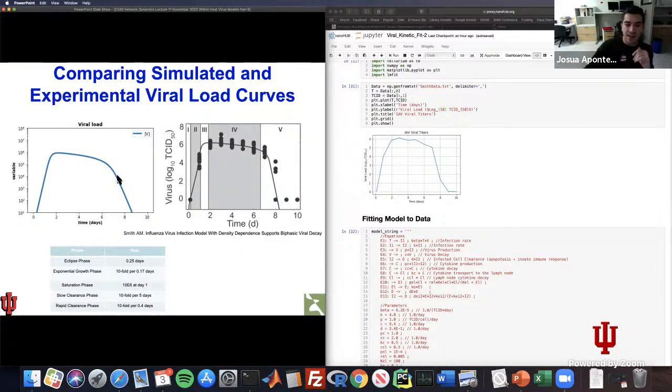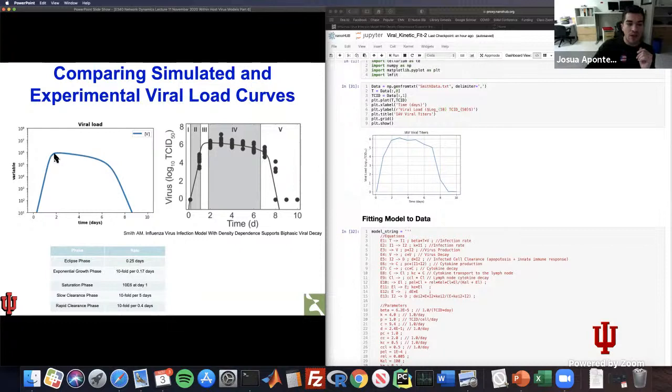And the idea is that when we get those parameters right, we can then replicate the 4 or 5 different phases of the viral load curve. We have the eclipse phase, where there is no viral production, and the exponential growth phase.